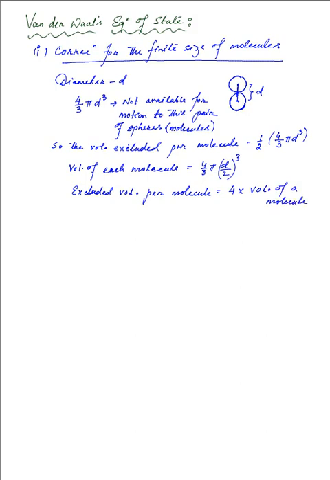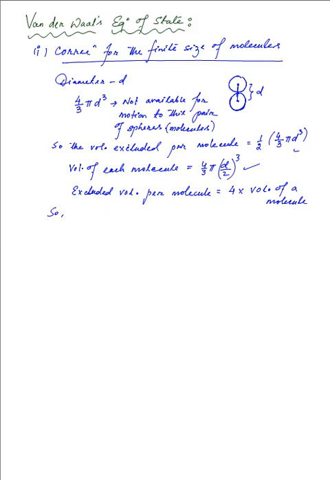When you compare these two, you will get that kind of a result. So this is for the case of a pair of molecules. Now the excluded volume for 1 mole will be much greater.